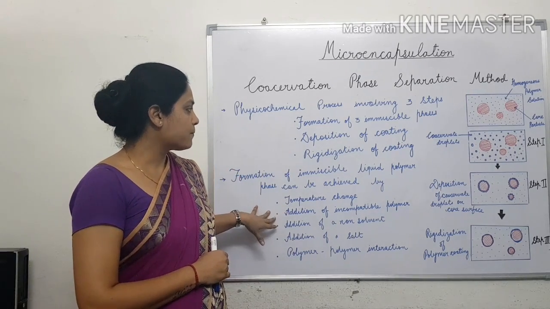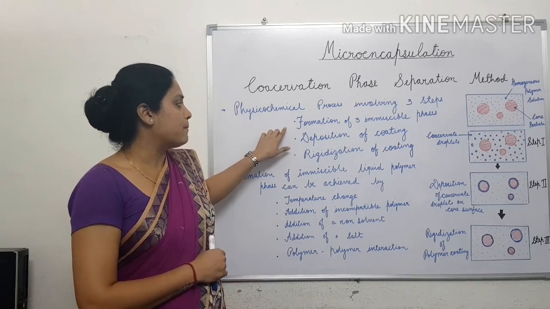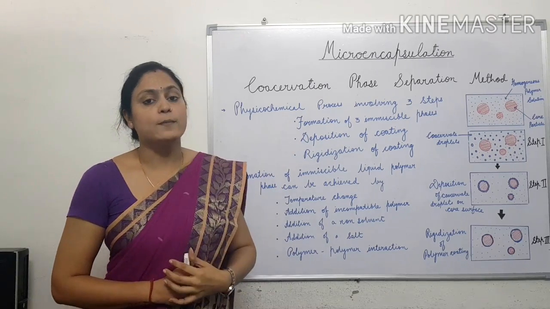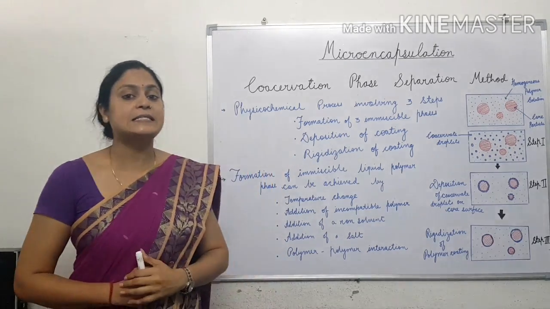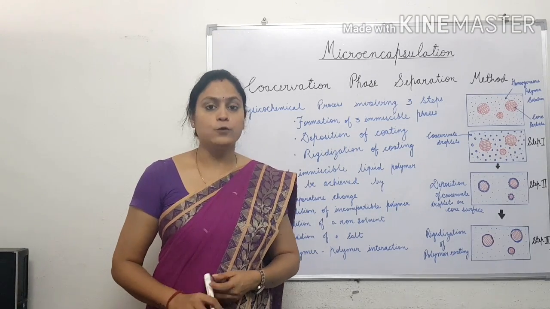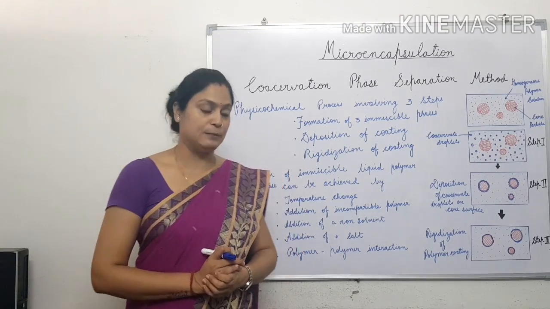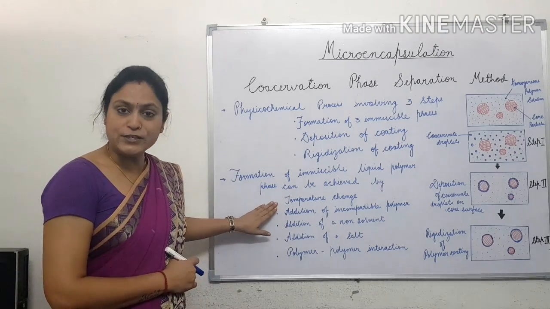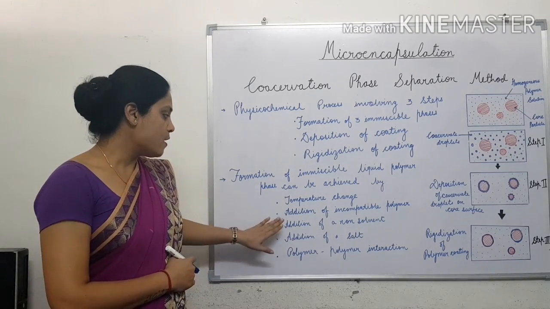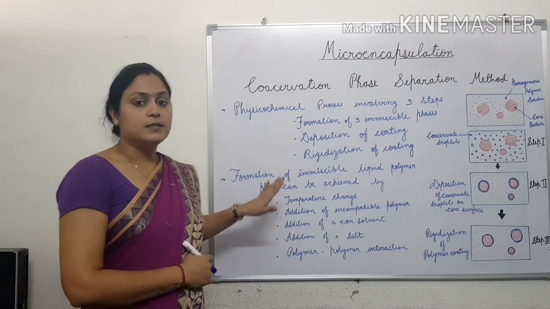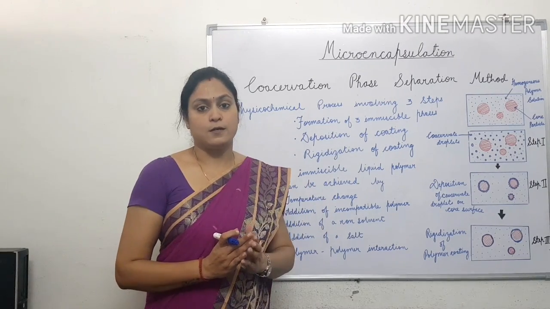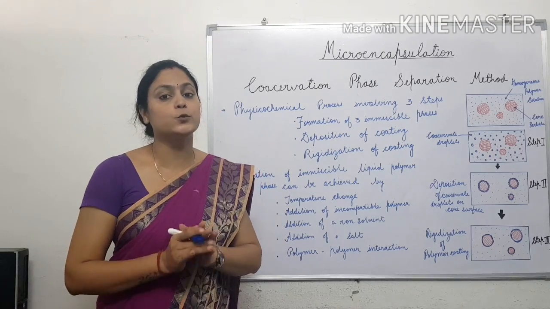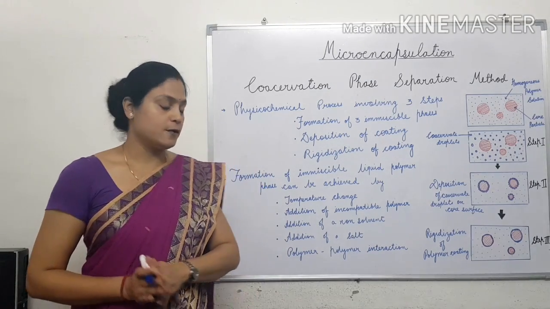Dear students, now this first step, which is the formation of immiscible phase, can be brought about by using any one of the principles, such as changing the temperature of the system, or by adding an incompatible polymer, any polymer which is incompatible with the coating polymer.